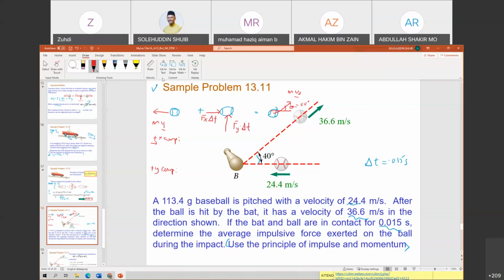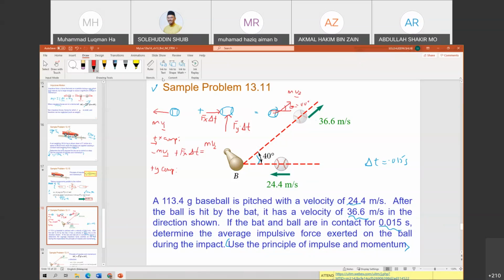You put everything together, right? We have minus mv1, plus Fx delta t, and then equal to mv2, sine or cosine?